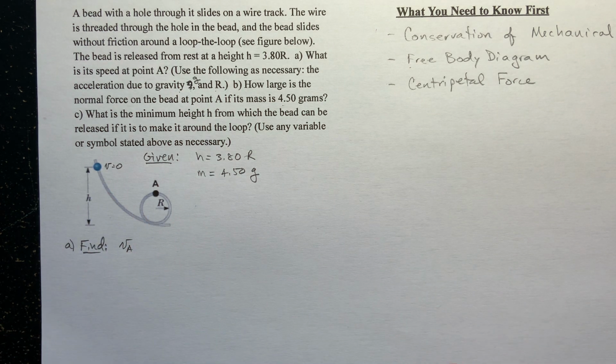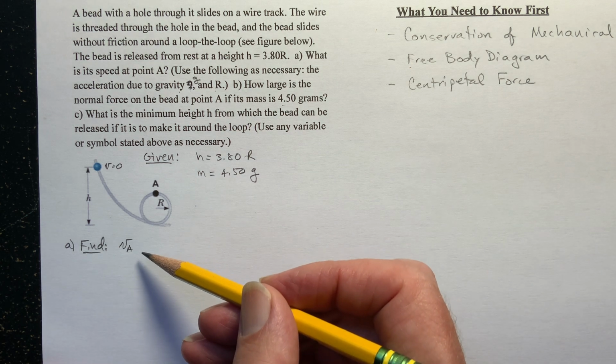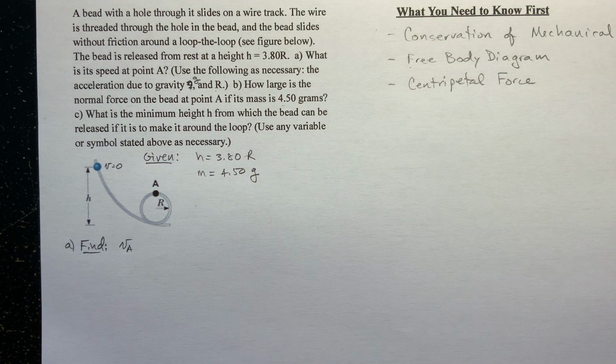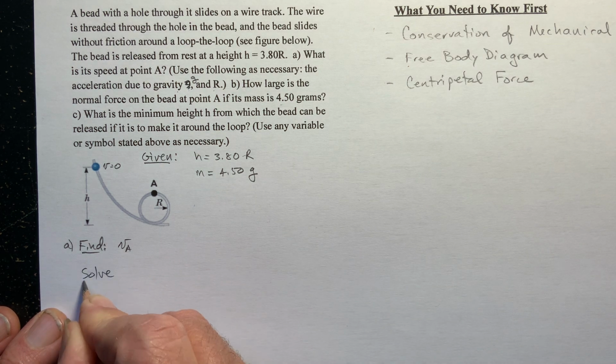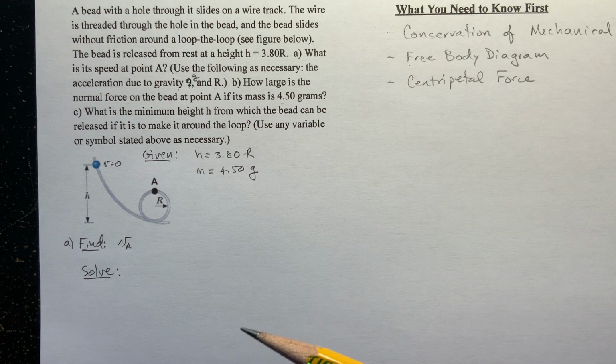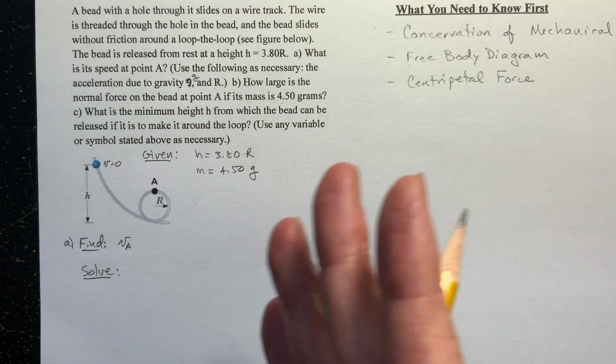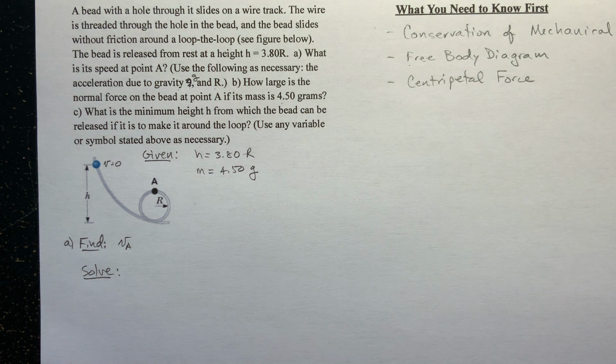If you have that kind of situation and they're asking for your final speed, quite often the best set of tools to use is energy. So this is an energy problem. Let's solve this using energy. When the only force doing work is the force of gravity, or the force of springs, but springs really aren't part of this problem, you can say that mechanical energy is conserved.